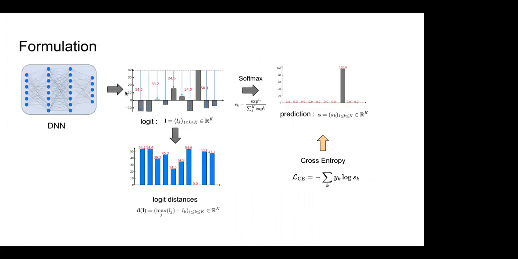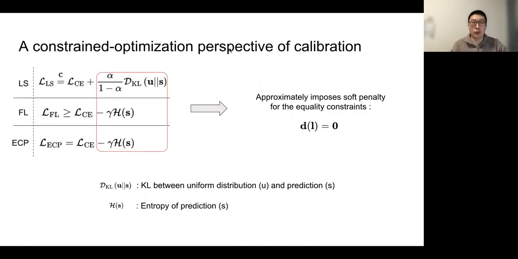From intuitive motivations, both label smoothing and focal loss can help prevent overfitting, because one potential issue of miscalibration is the overfitting of the loss.